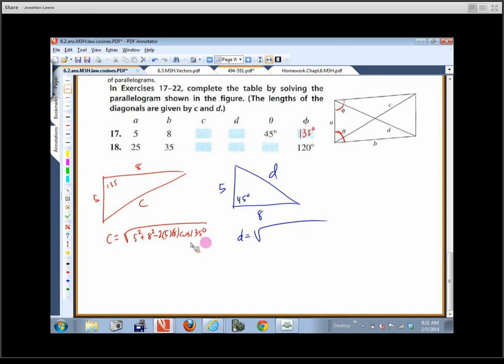The same exact stuff except for 45 degrees rather than 135 degrees. So if you've typed this into your calculator, all you need to do is edit that to be 45 degrees, and that will spit out the answer. Okay? Any questions? Sure? Okay. So you've got 18. I'm going to give you a couple minutes to do 18.